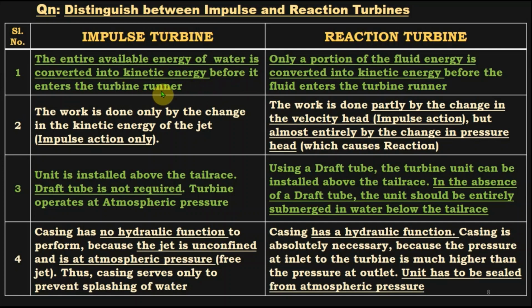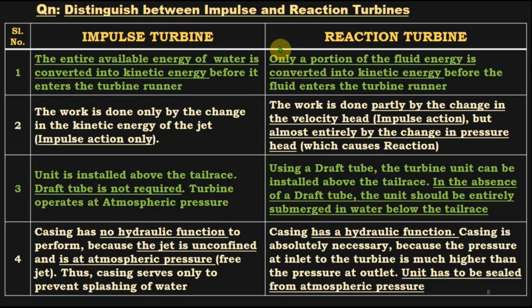That means the entire energy available with water is converted into kinetic energy in a nozzle, and then the water with kinetic energy alone and the pressure at atmospheric level enters the turbine runner. But in the case of a reaction turbine, only a portion of the fluid energy is converted into kinetic energy before the fluid enters the turbine runner.